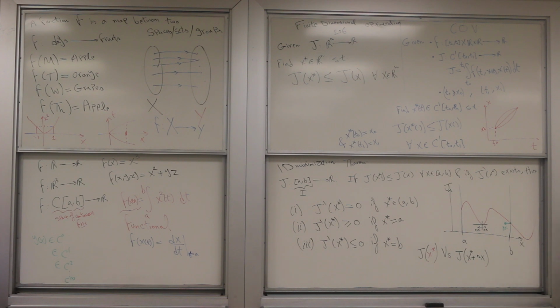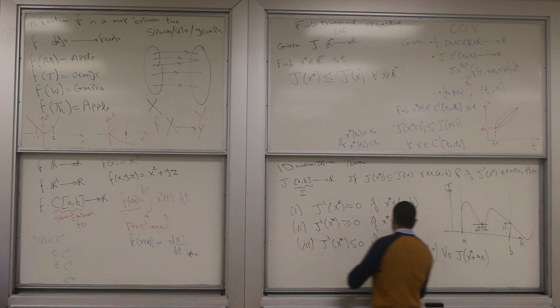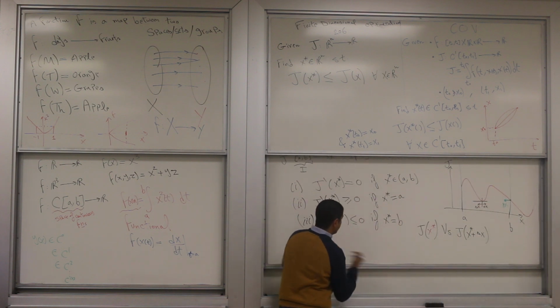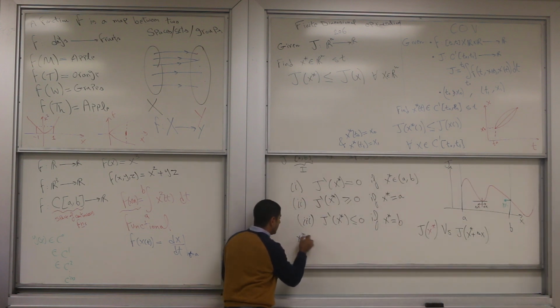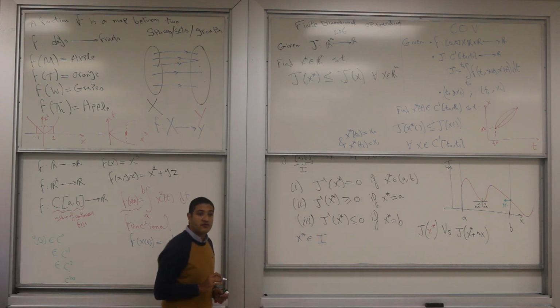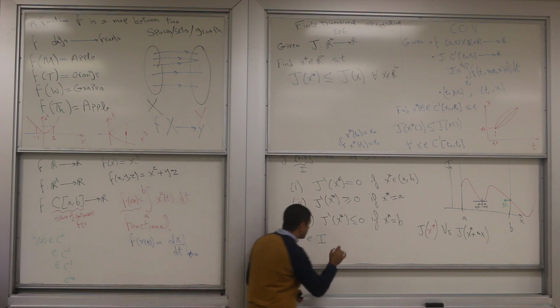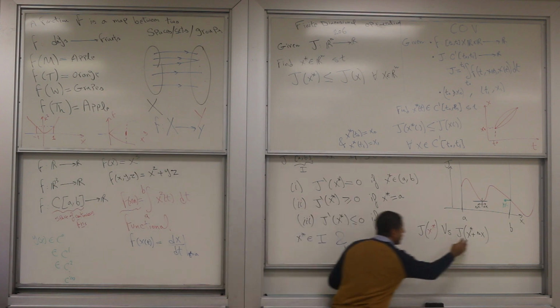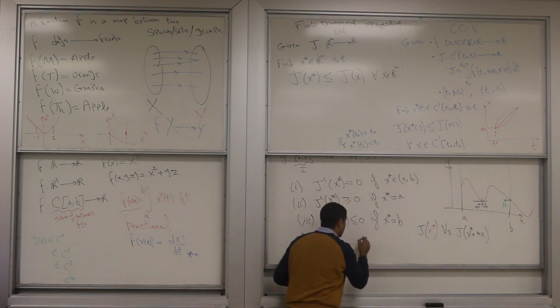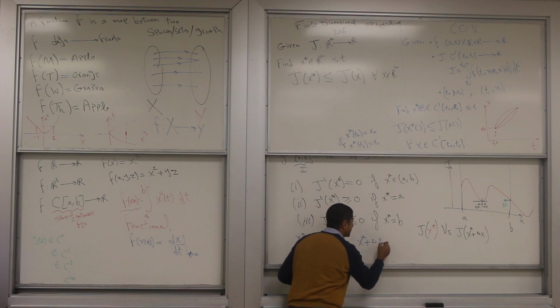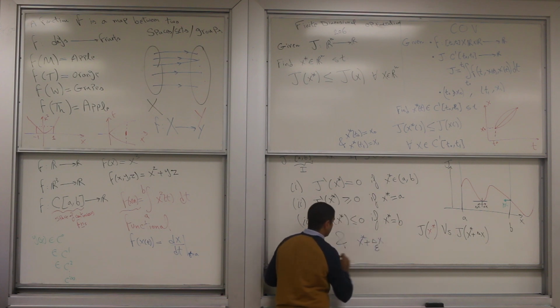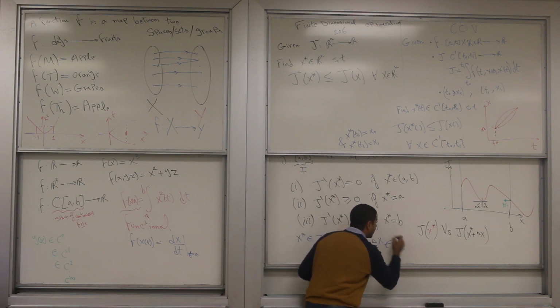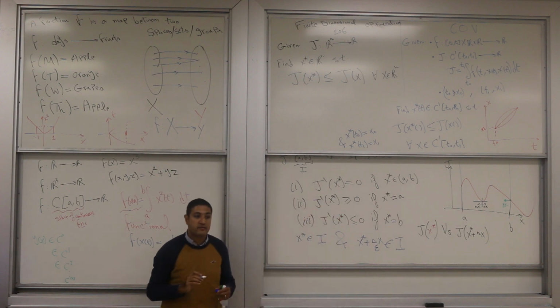What's that? We're looking for a minimizer x star that is in our domain, the interval, right? But also, when you perturb, x star plus your delta x, plus your epsilon, has also to lie in your feasible domain.